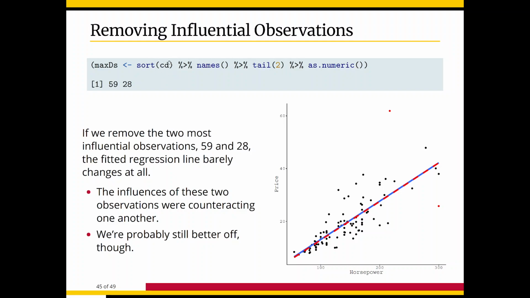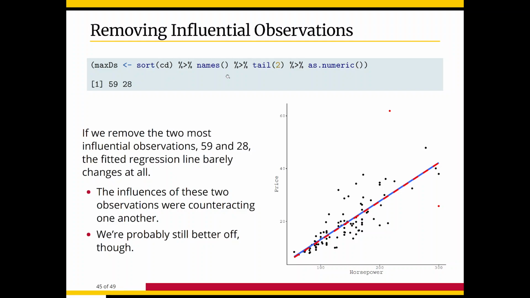We're going to sort the Cook's distances so that they're in ascending order. And then we are going to take the names of those, which is just going to give us basically the row numbers of the original observations. We're going to take the tail, the last two of those.